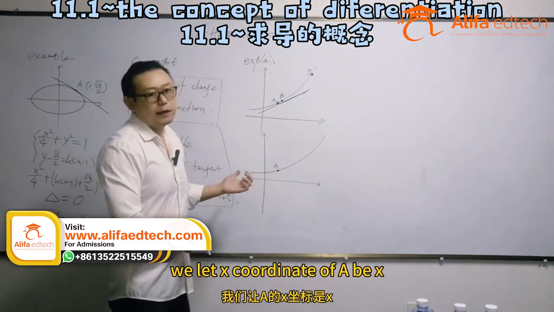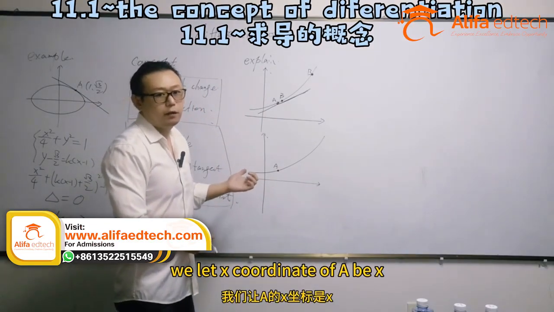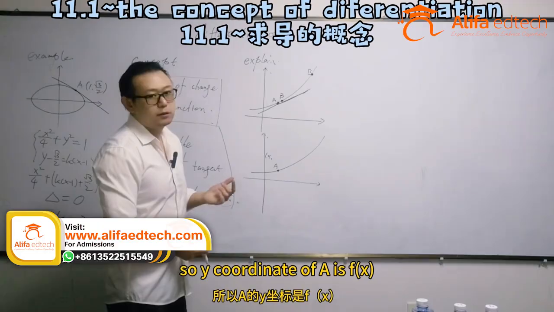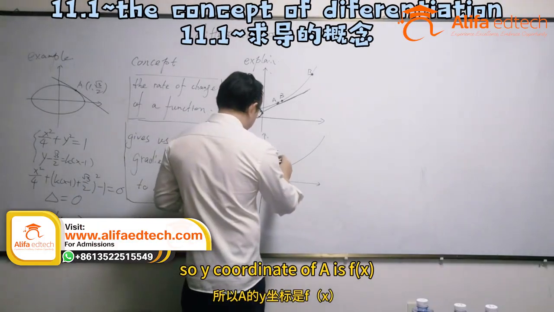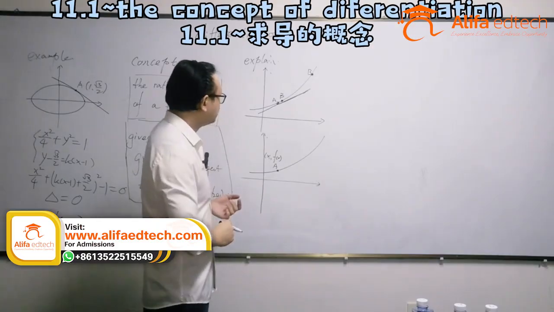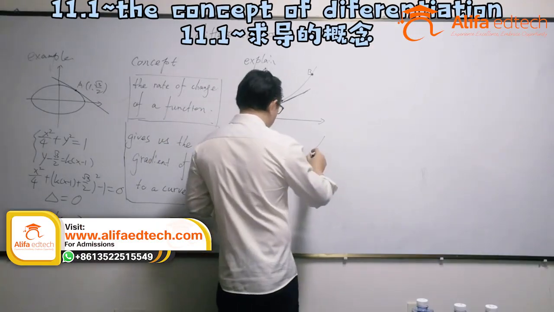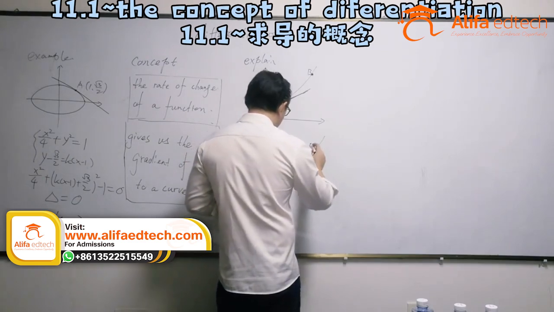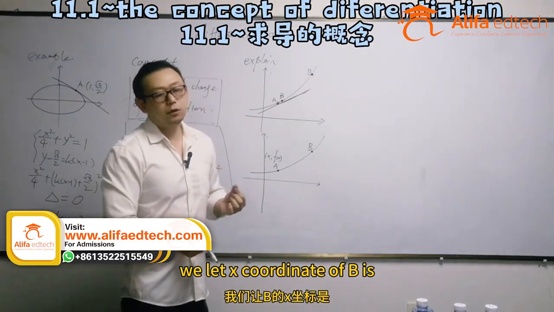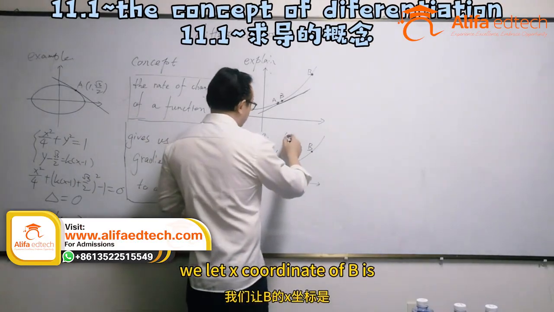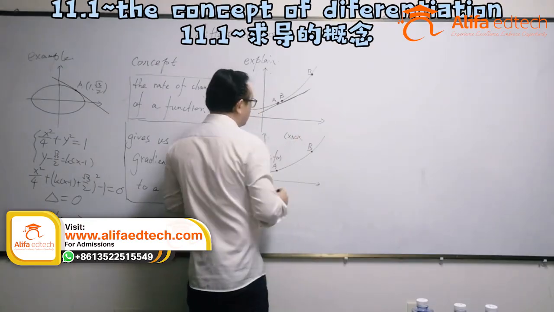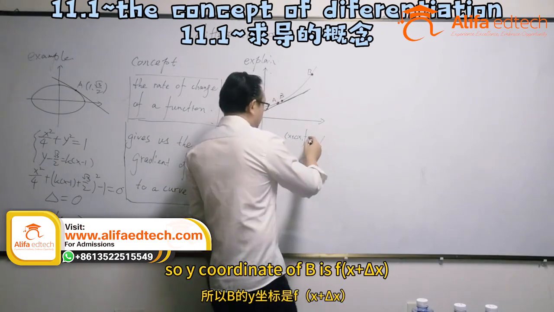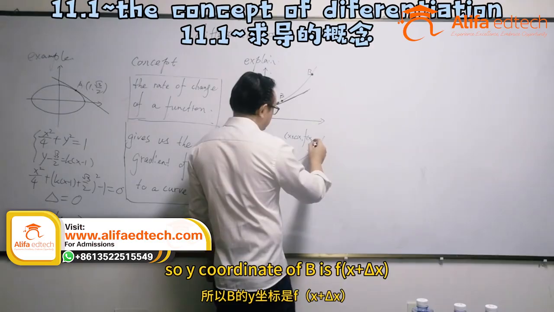Now, we let the x coordinate of A be x. So, the y coordinate of A is f of x. We let the x coordinate of B be x plus delta x. So the y coordinate of B is f of x plus delta x.